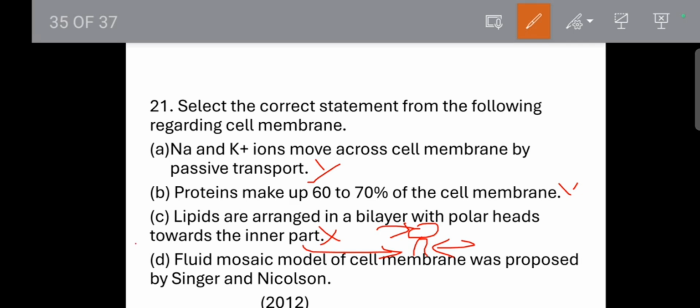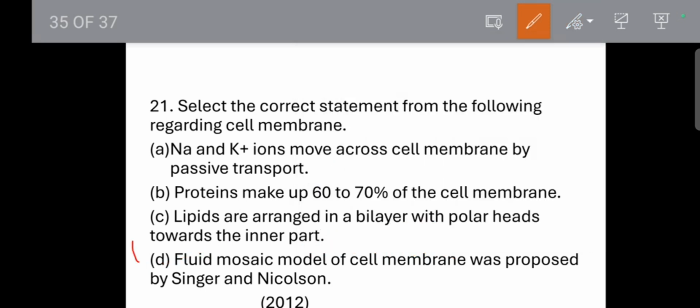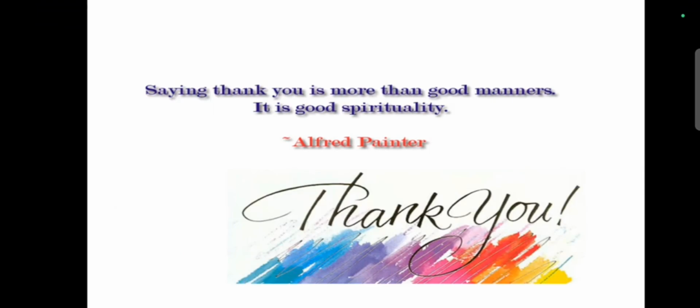The fourth one is the only right one: a fluid mosaic model of the cell membrane was proposed by Singer and Nicolson. So this is the right statement. Okay, done. Thank you.